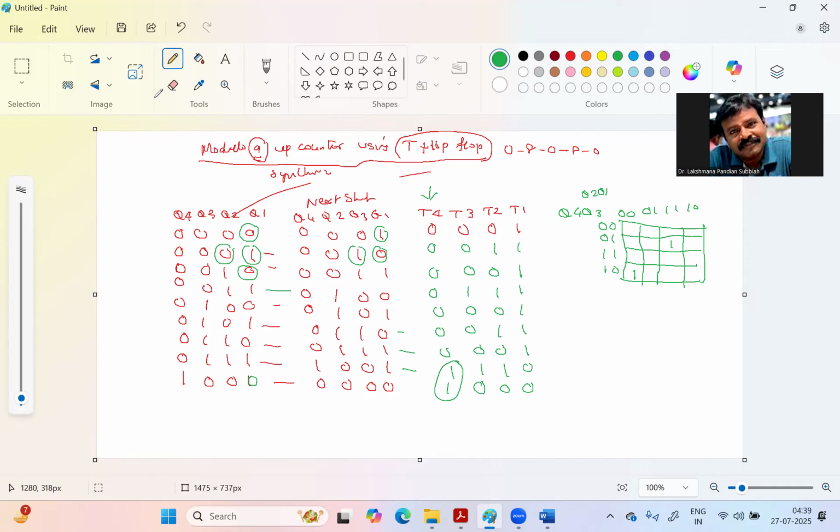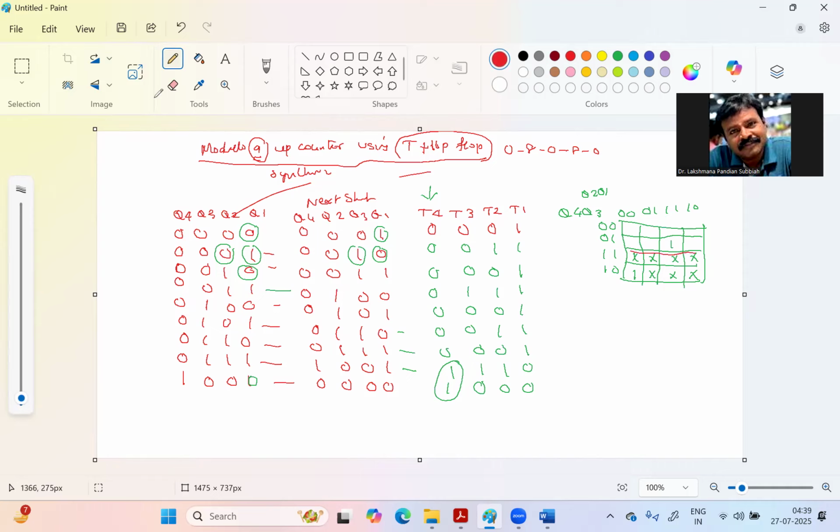Then from 9 onwards, we have don't care conditions: 9, 10, 11, 12, 13, 14, 15. Now you find the equation.